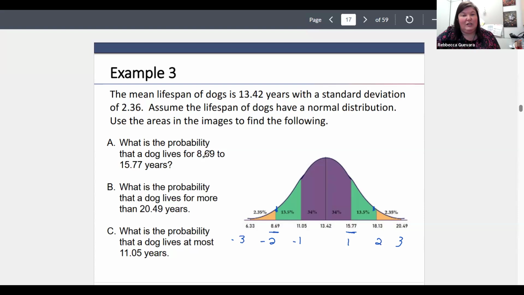The probability that a dog lives from 8.69 to 15.77 years, well, we get from here to here, from -2 to -1 standard deviation away is 13.5% of my data. Between 11.5 and 13.42 is 34% of my data. And then between 13.42 and 15.77 is another 34% of my data.